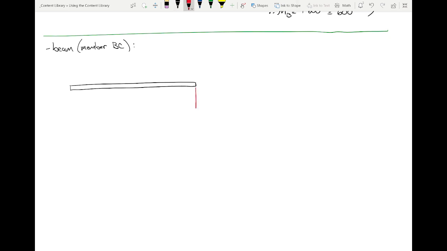So there's a vertical reaction right here of 45 kips. And then there's a downward load of 75 kips. Okay? This is 20 feet. This is 10 feet.